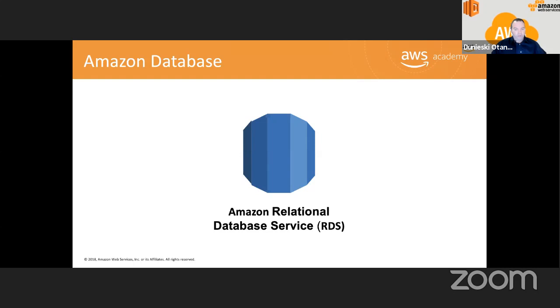Probably it's the only one that belongs to Amazon. I have no idea how they came up with these icons that they use for every single service. Some make sense, and others don't make sense to me. But there's a reason behind it.